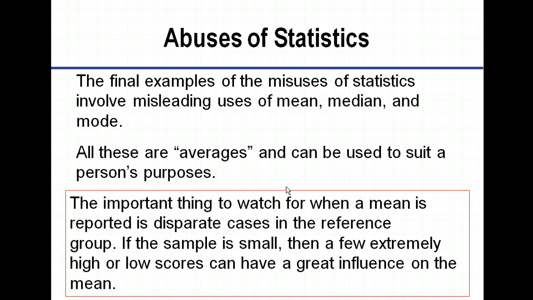The important thing to watch for when a mean is given is disparate cases in the reference group: very high maximum values or very low values. So outliers are what this is referencing, especially if the sample is small. If the sample is small, a few extremely high or low scores can have a great influence on the mean.